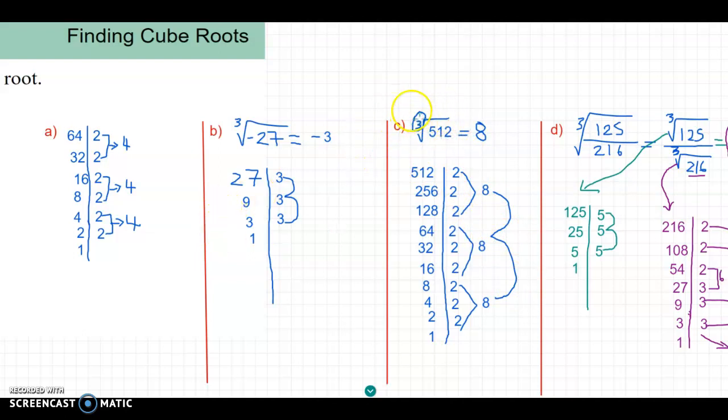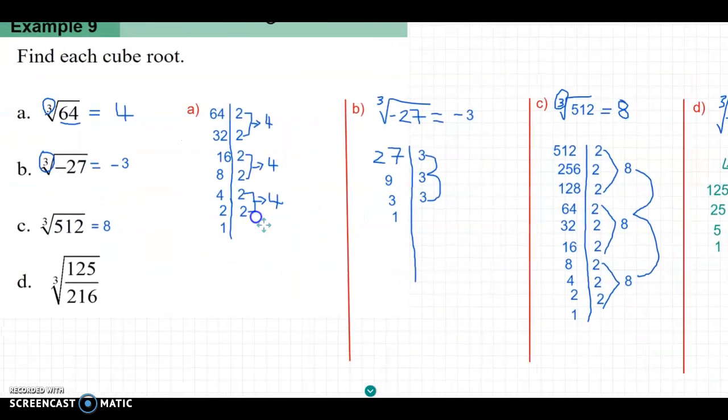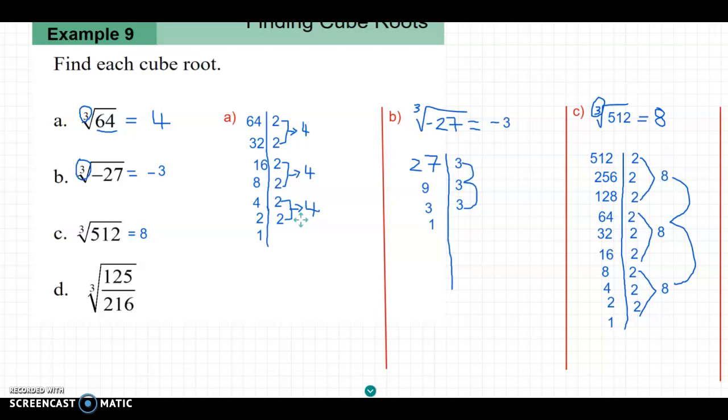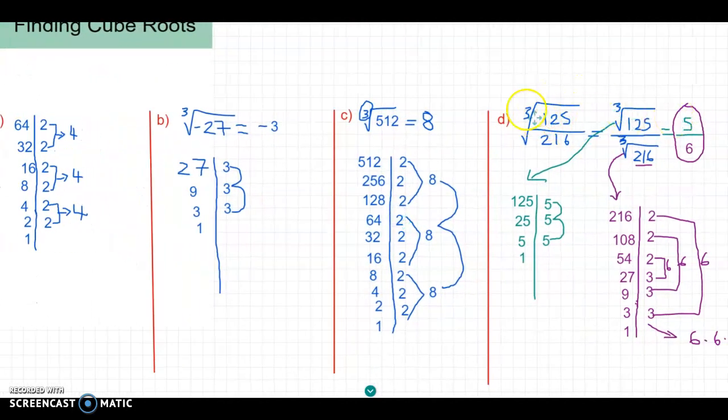What if you had, for example, the fourth root? That will be the same, but the number should be multiplied 4 times, okay? But in the case of the cubic root, it will be multiplied 3 times by the same number to get the result inside the radical symbol, all right?